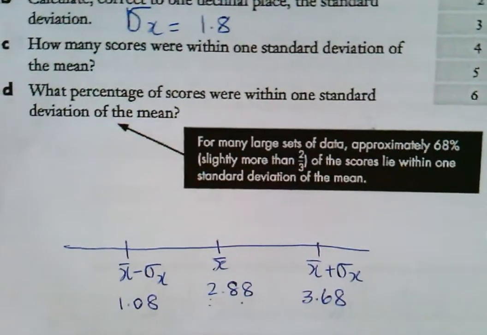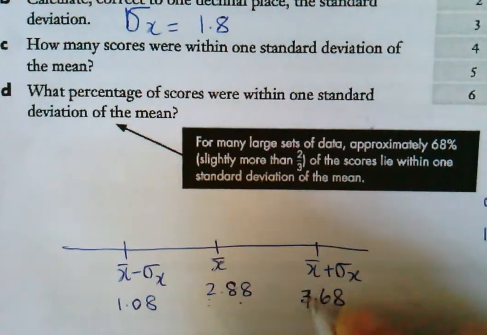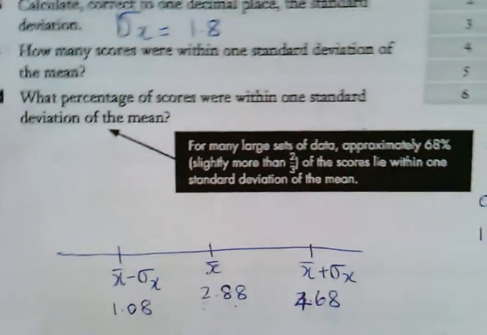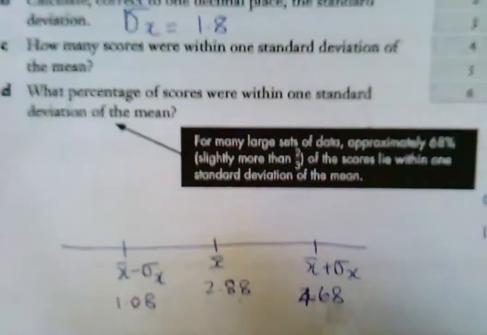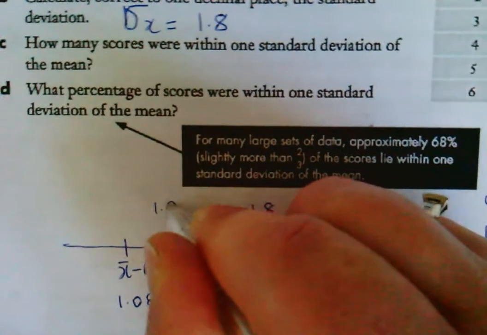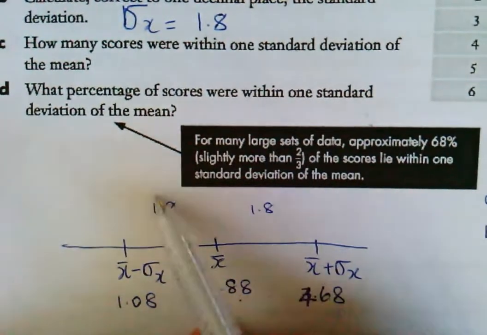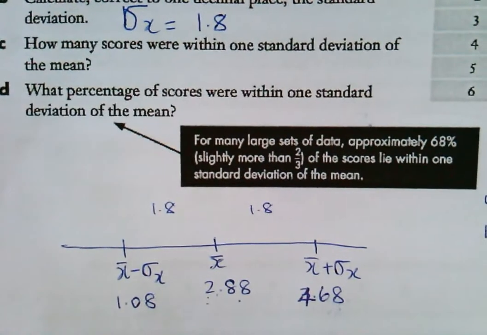I hope I'm right. I think so. No, I don't think I'm right. Is that 4.68? Yeah. Thank you. Okay. So the mean plus 1 standard deviation, because 1 standard deviation is 1.8. So I'm doing the mean plus 1.8 to give me 4.68 and the mean minus 1.8 to give me 1.08.